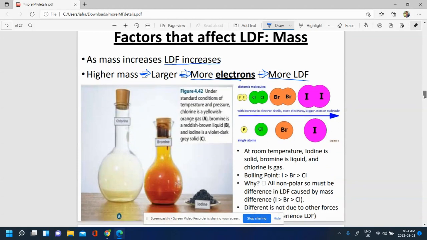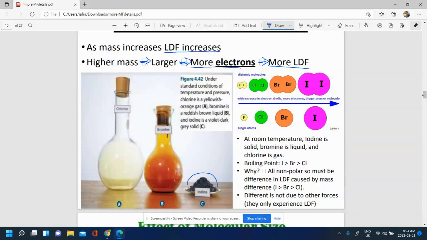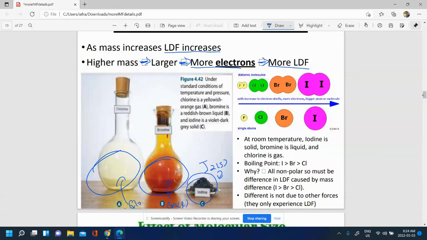So if we take a look here, we have some samples. We have iodine, bromine, and chlorine. These are all at room temperature. You'll notice iodine at room temperature is a solid. It's hard to see here, but bromine is a liquid. And then here, chlorine is a gas.